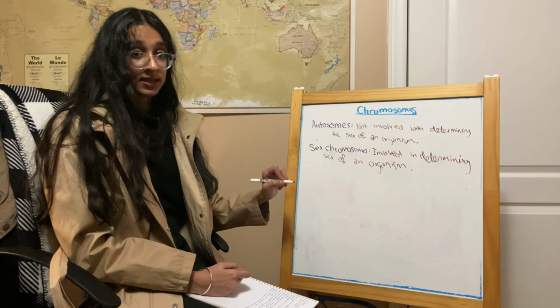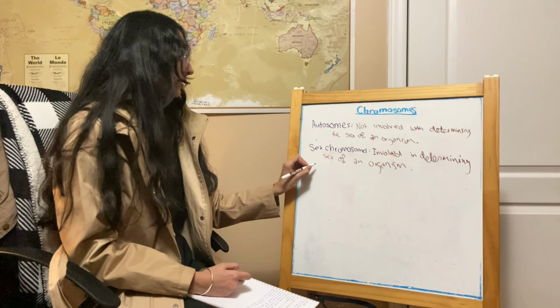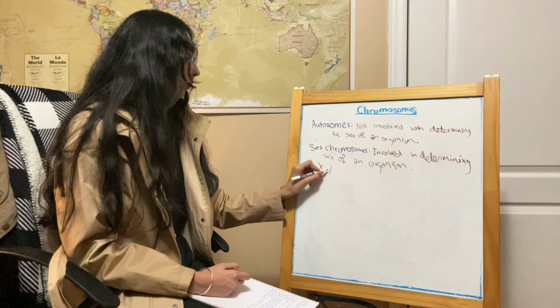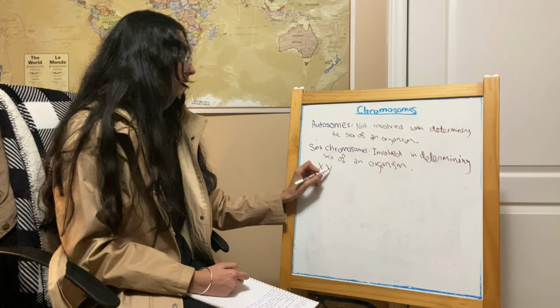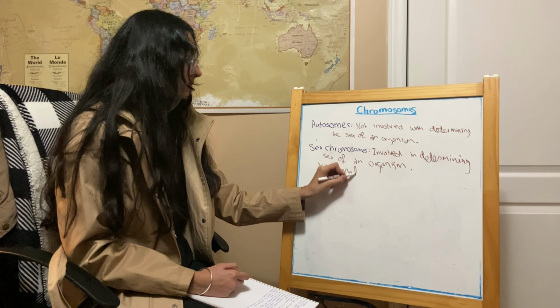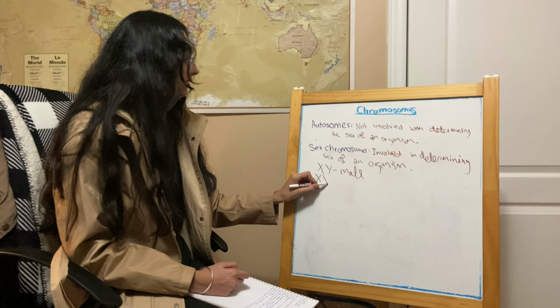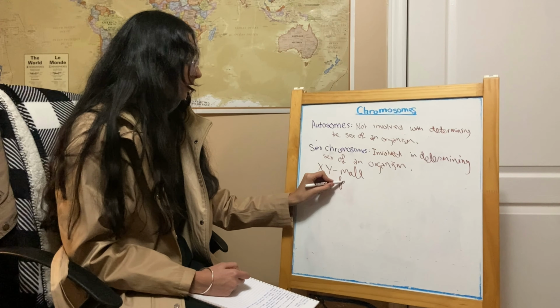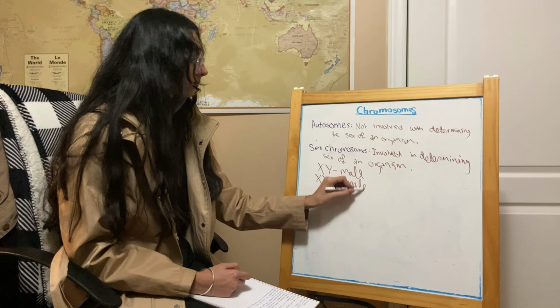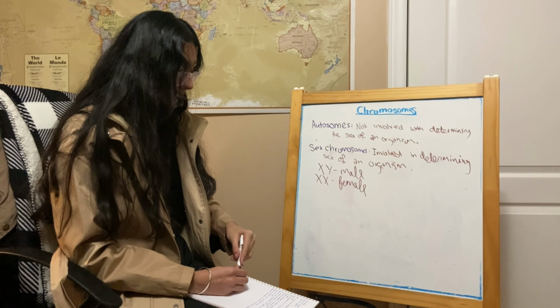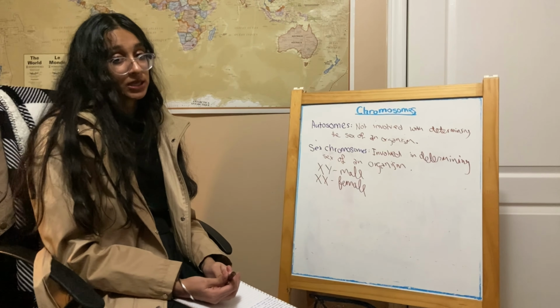Now, in humans, these chromosomes are either X or Y. XY means that the organism is a male. XX means that the organism is a female. Now, those are the two types of chromosomes.